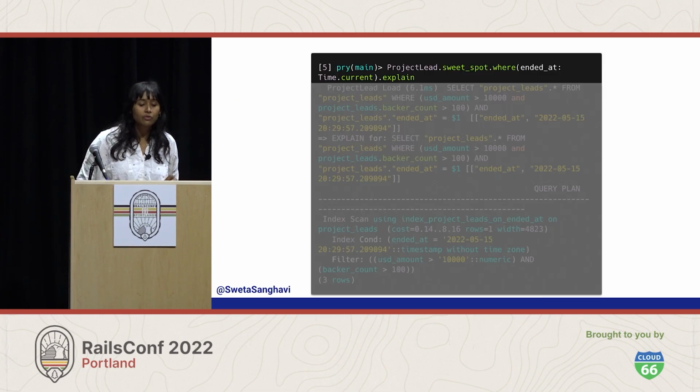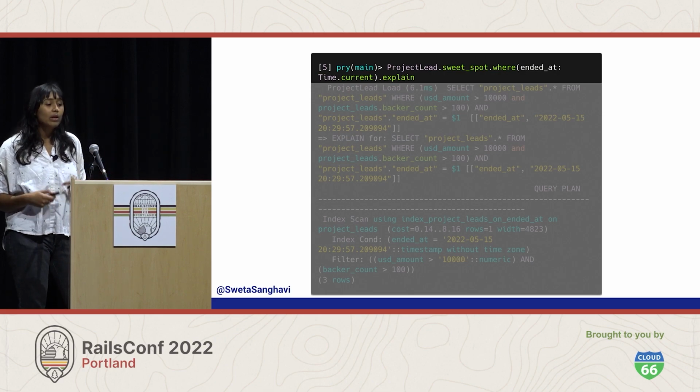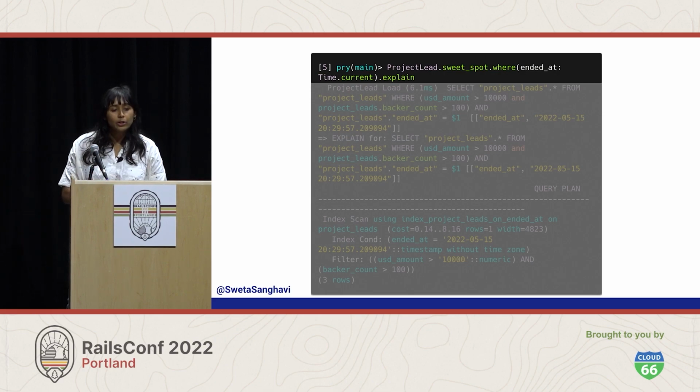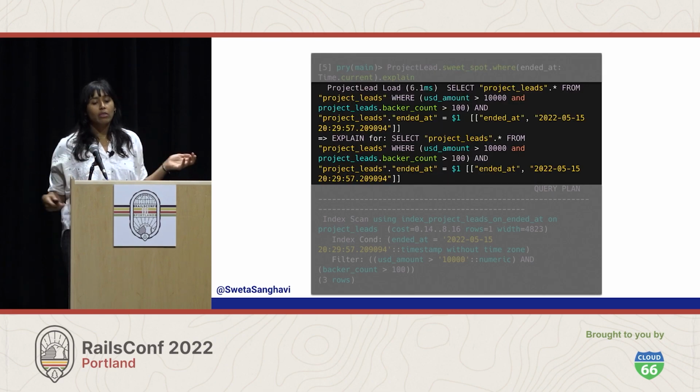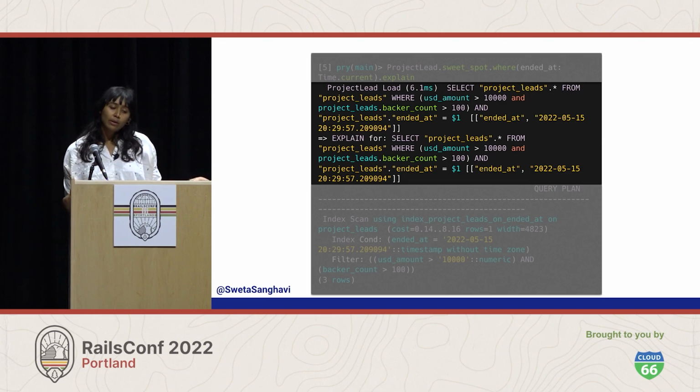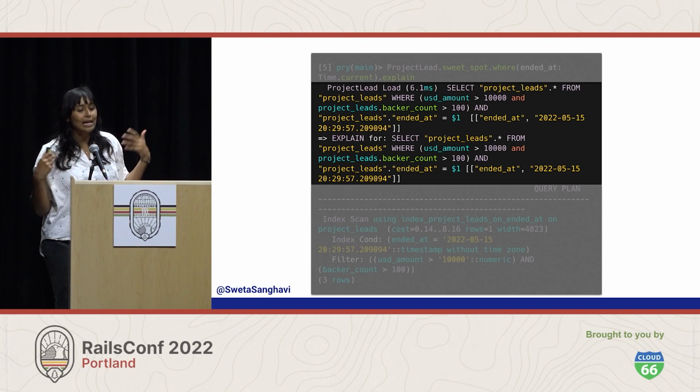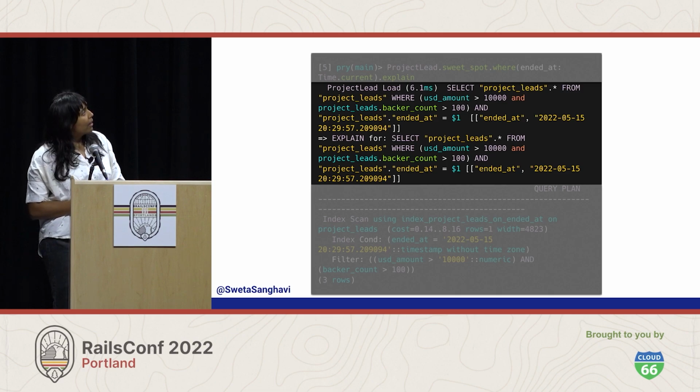Another tool that's really useful is the explain method that we also can run on an AR query object. So let's go through what that outputs. Explain will actually run the query. Because of eager loading, you might need to actually trigger the query to see what the runtime is.